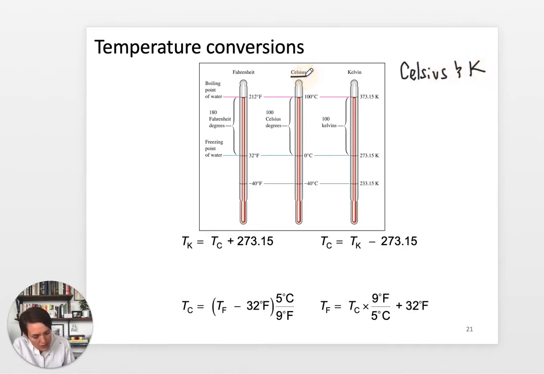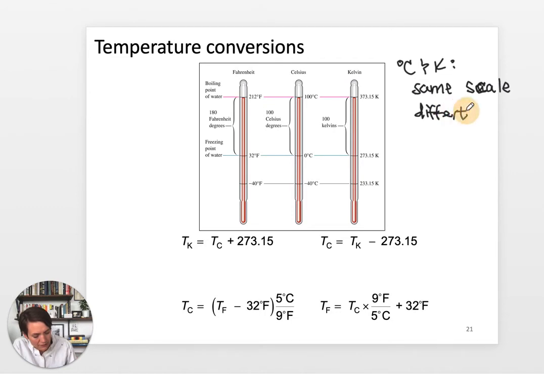So this is Celsius and Kelvin. So Celsius and Kelvin are on the same scale. What's different about them is that they have a different 0 point.